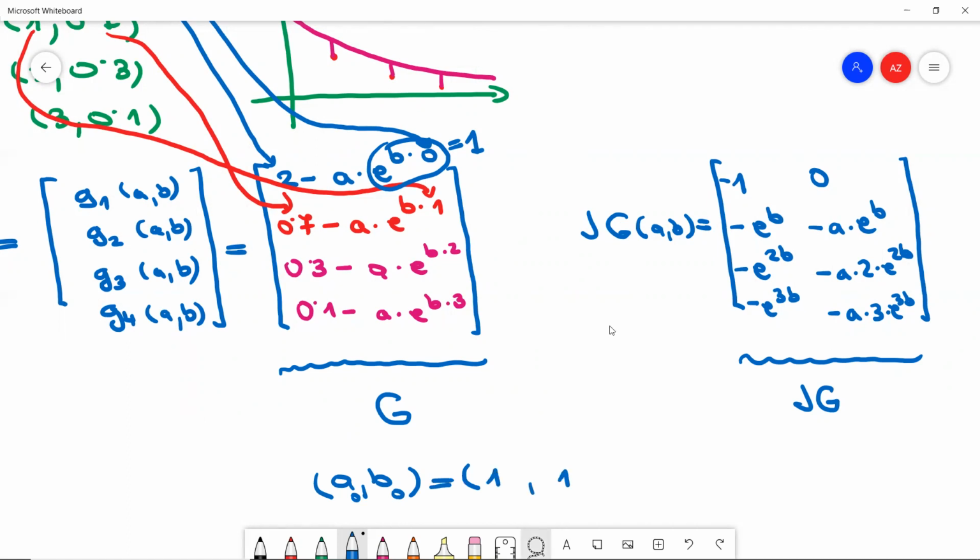And since I don't want it to be exactly 1, it's usually good to put 1 point something so that you don't have some division by 0. So I will just put 1.1 and 1.1 for the initial approximate, and let's see where we will converge.